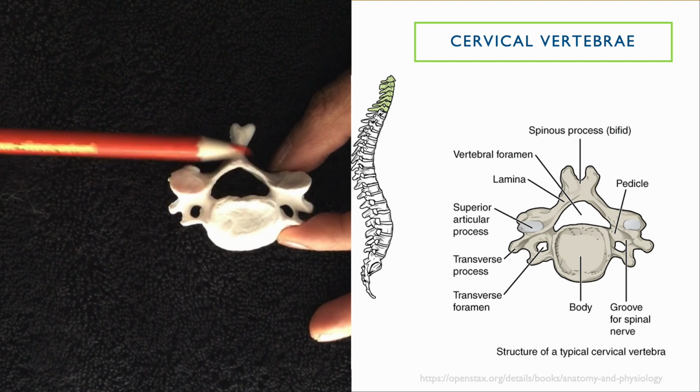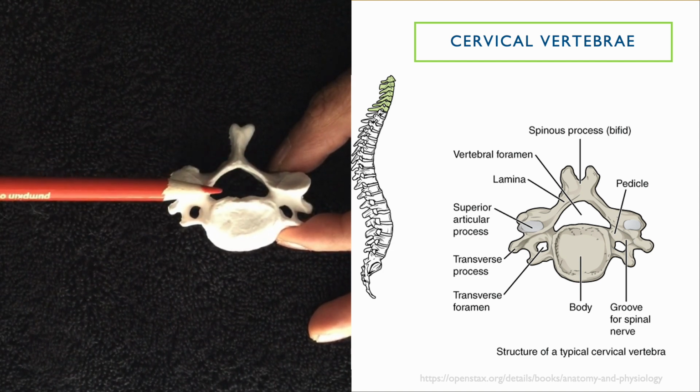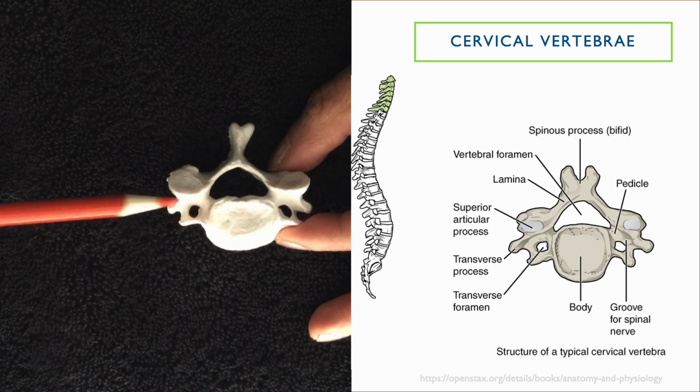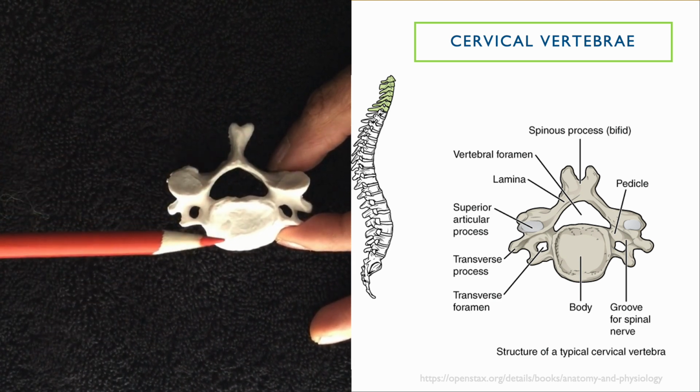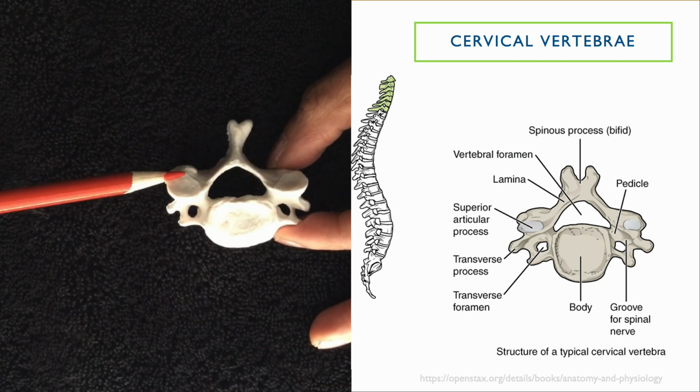Okay, then we've got this larger foramen in the middle, and this is triangular, and it's a hole for the spinal cord, right? Because it's going to be a little thicker near the brain, right? Okay, and then we've got some other landmarks. So let's take a peek at those. Of course, these are your superior articular processes.